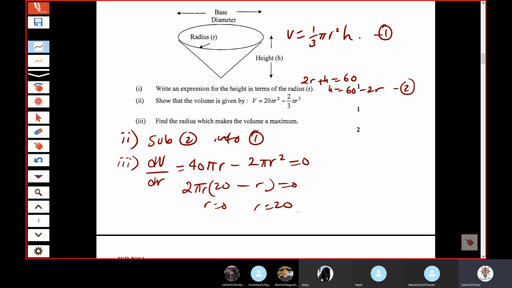Where is it going to be 0? You just put a white dash table.